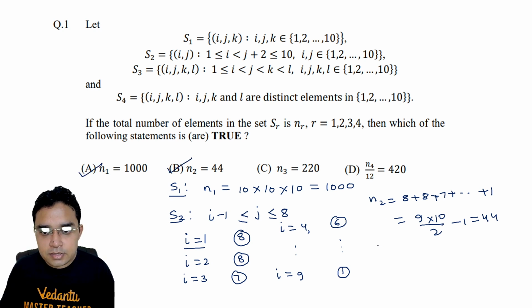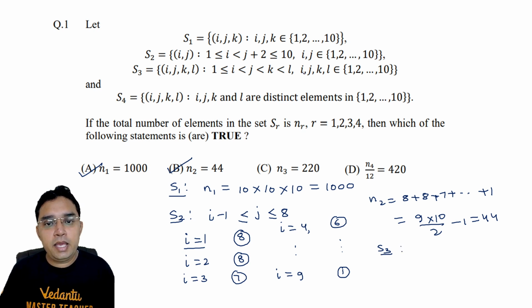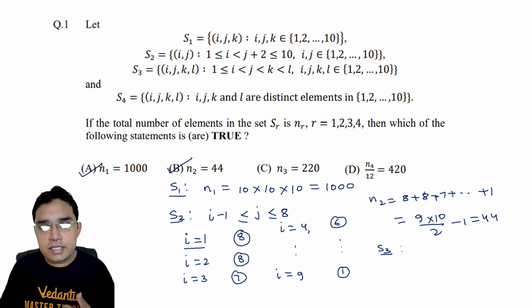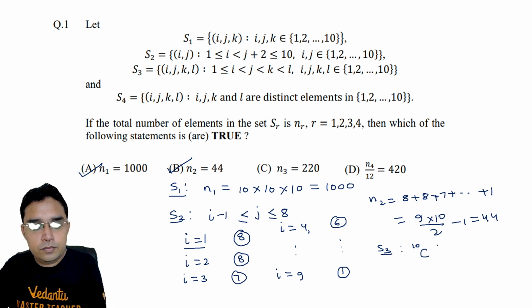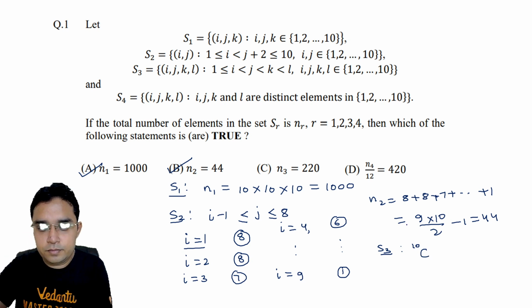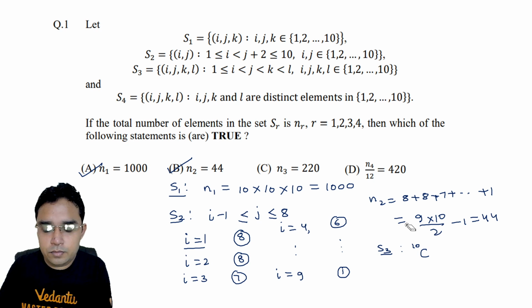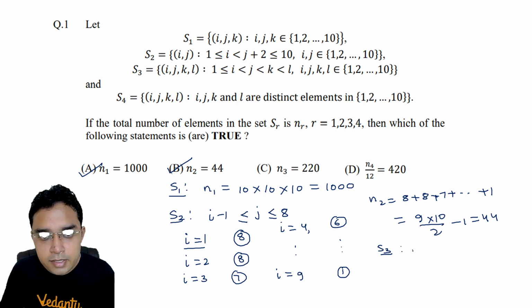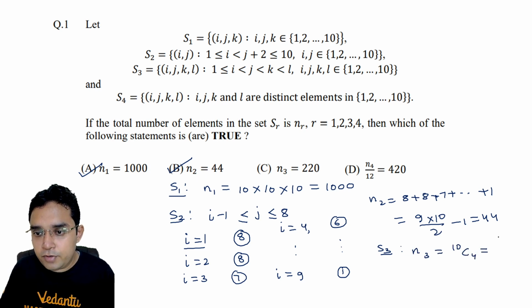Now this S3 and S4, they are similar. In S3 they are saying I, J, K, L are following this order and they are all different. That means I just have to select 4 numbers out of 10. So here this n3 will be equal to just 10c4, and the value of 10c4 comes out to be 10 factorial upon 4 factorial 6 factorial.